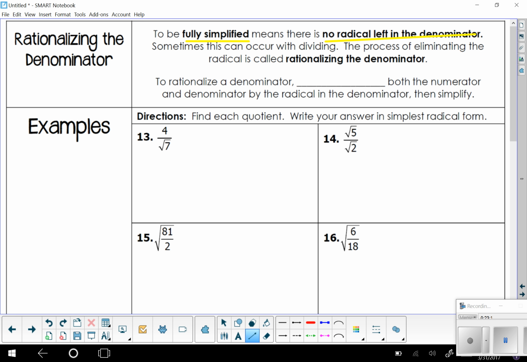That's what I was saying on the other side. My line does not want to behave itself. There we go. So you have to rationalize your denominator.